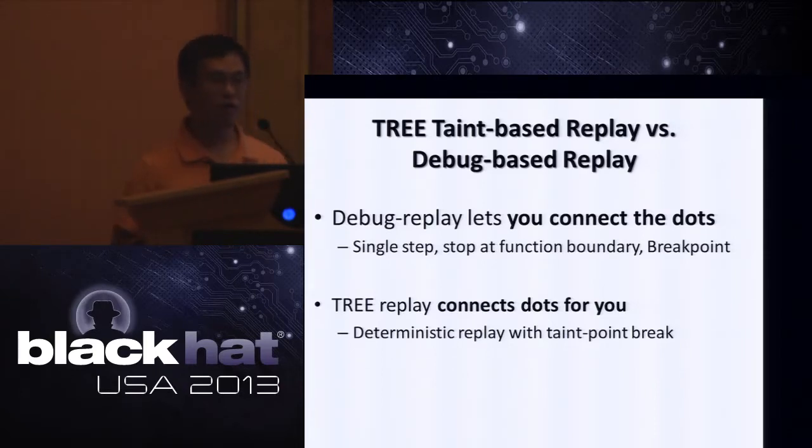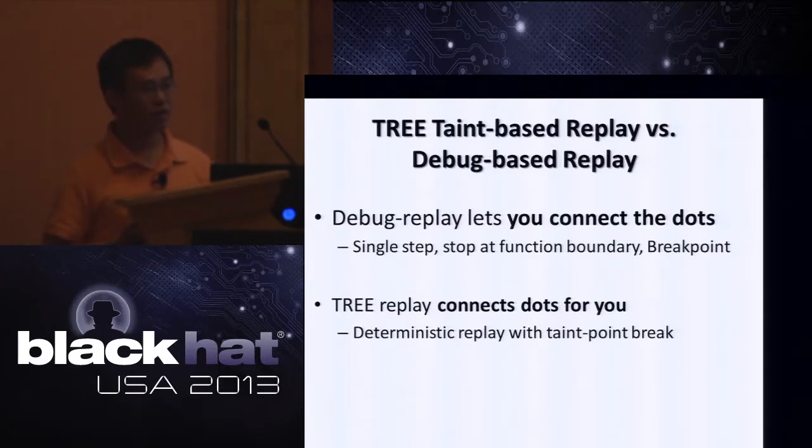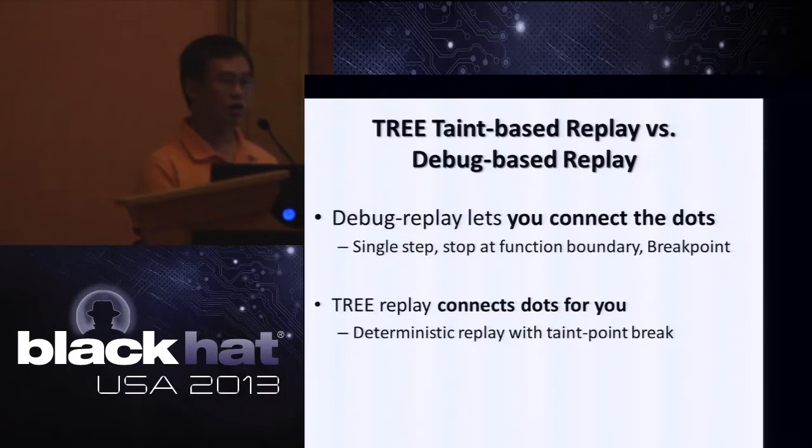So Tree does it differently. It asks you to provide the data that you are interested in at the beginning from our GUI. Then you can choose what kind of way you want to track. You want to track how the values propagate, or you want to track how your data affects the control flow, the branch points. So you make that choice.